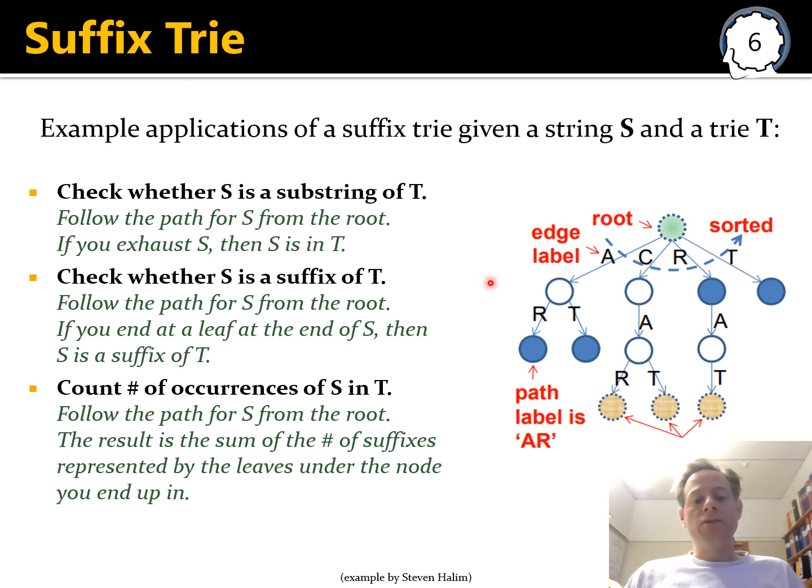Basically, it's all about counting the number of paths that lead to leaf nodes. So for example, we can check that the string A is part of two different strings, both car and cat, and then we just follow A here and count the number of leaf nodes underneath. So then we get 2.